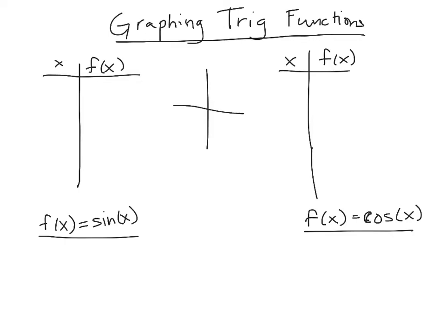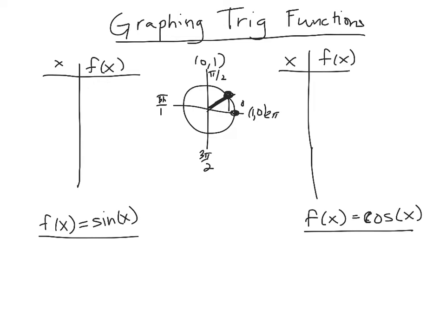The unit circle is that thing where the radius is 1. And if you look at the last video, we have these quadrantal angles. So we're going to look at those points. So this is 0, pi over 2, pi, 3 pi over 2, and 2 pi.